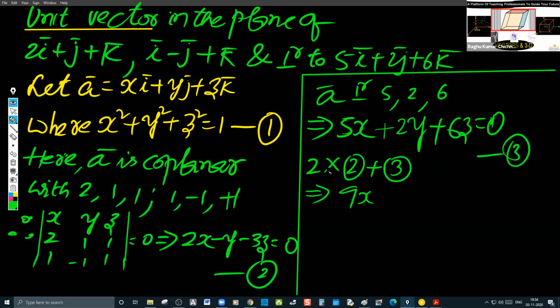Just check it out, please. Multiplying with 2, 4x plus 5x is 9x. This is right. Plus 2y minus 2y gets cancelled, and minus 6z plus 6z gets cancelled. So 9x is equal to 0 now.